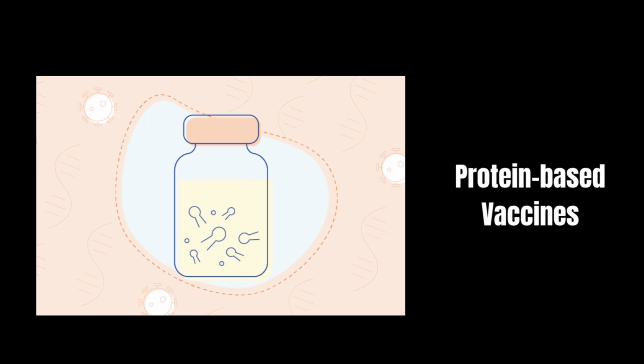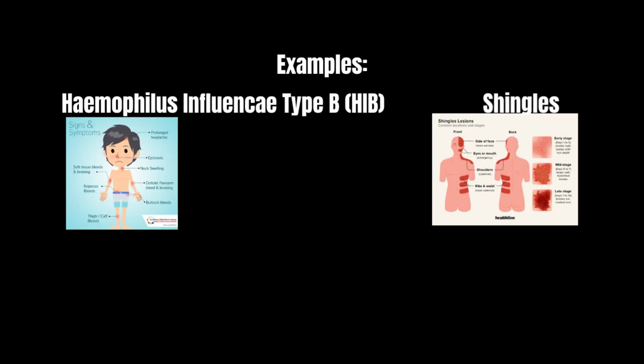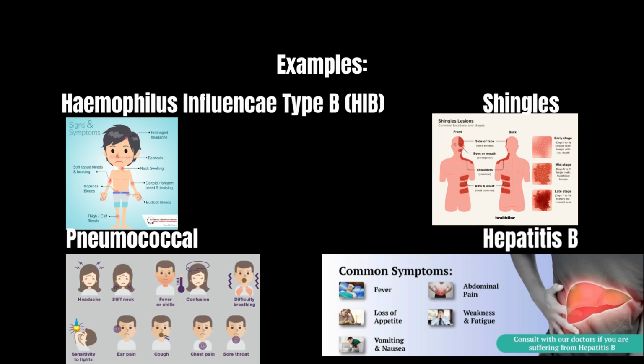These types of vaccines can't make you sick, which makes them great for people who shouldn't get live vaccines, like young children. Some examples would be the Hib vaccine, the pneumococcal vaccine, the shingles vaccine, and hepatitis B vaccine.